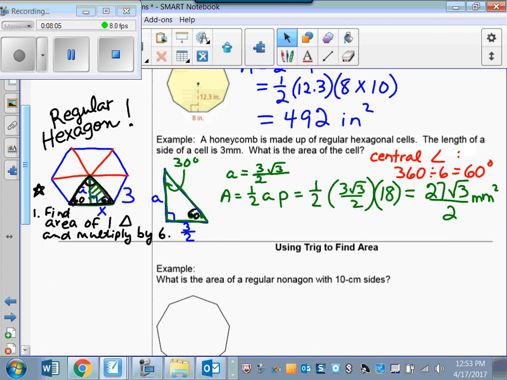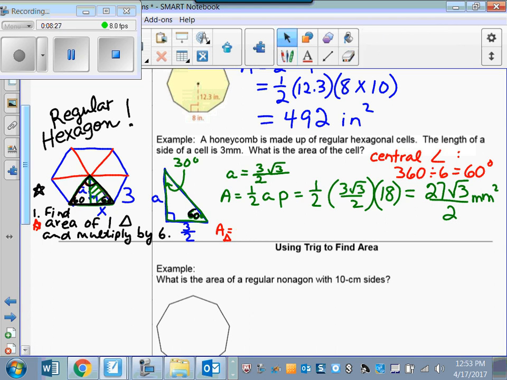Okay? So if you want to go back and work this problem by finding the triangle, let's just go ahead and do it while we're here. If I want to use this method right here, then I know what my base is, and I know what my height is. So I would say area of the triangle equals 1/2 base times height. Oh heck, I don't need 1/2 base times height.